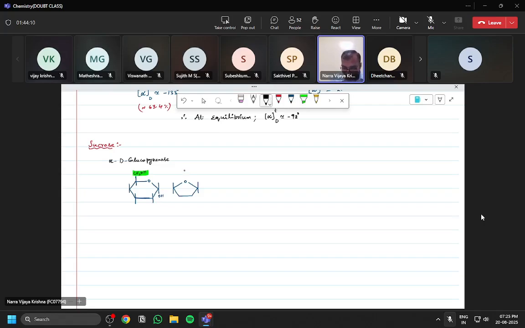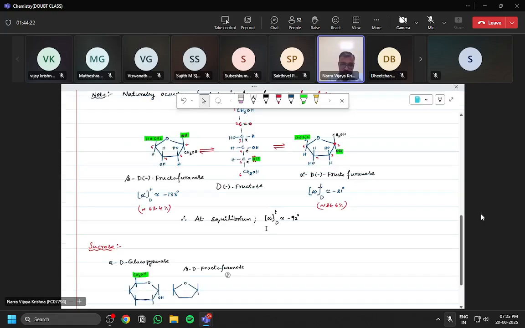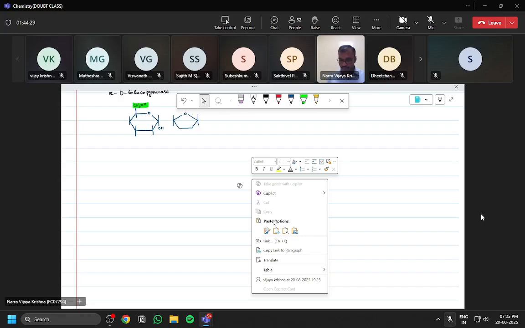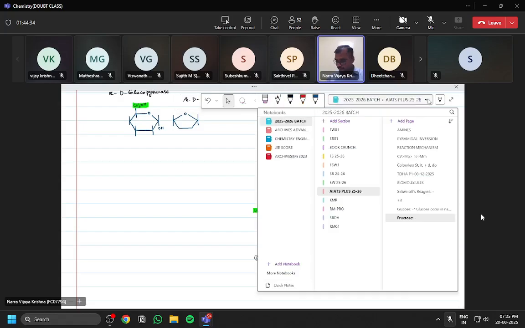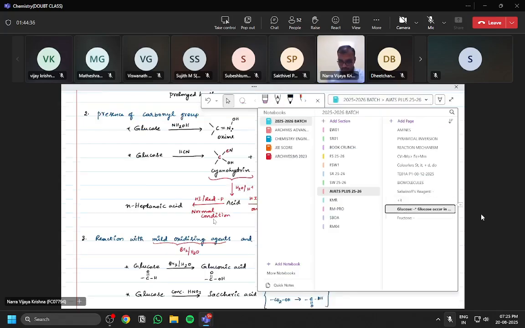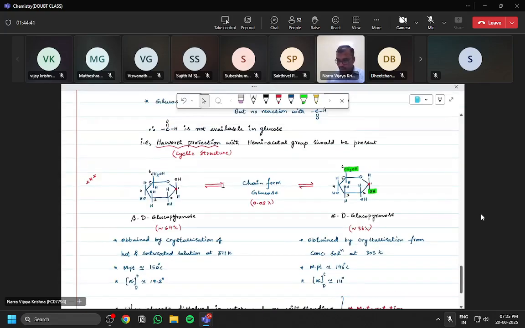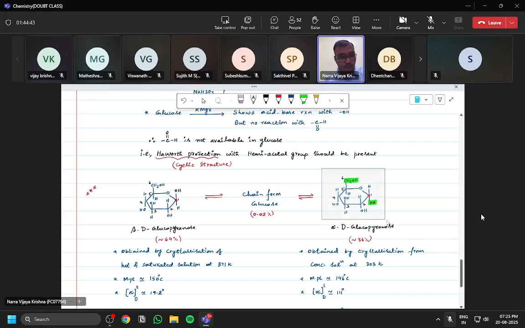And I am taking beta D-fructofuranose. This is beta D-fructofuranose. I am taking this form. This is beta fructofuranose. This is alpha glucopyranose.